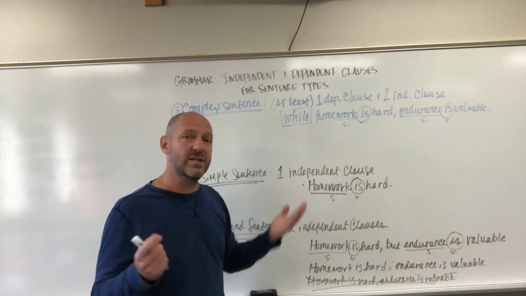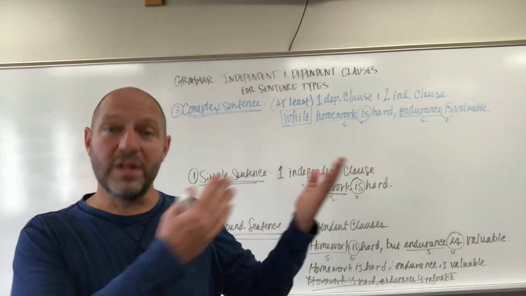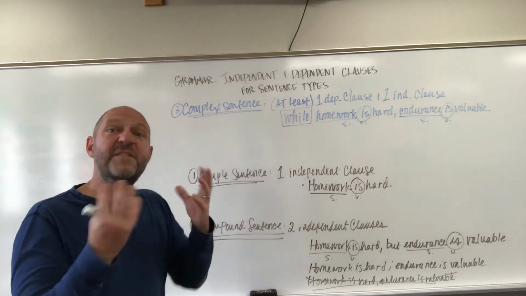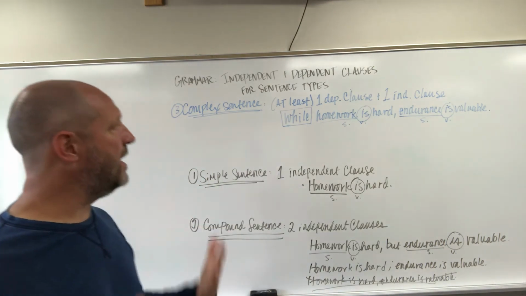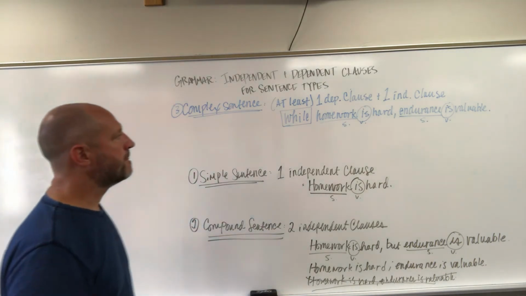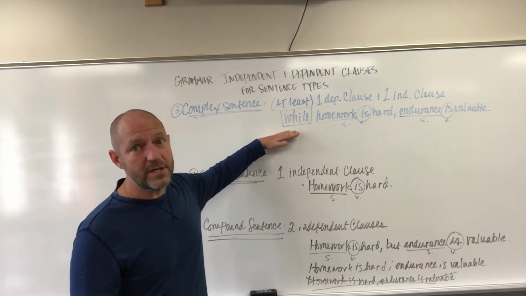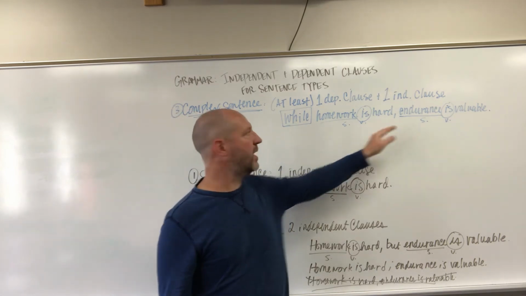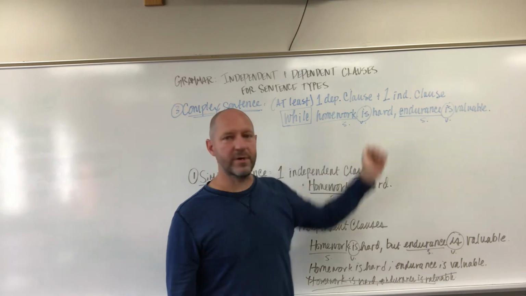This one is like considering while I understand that, I will admit the other, all right? So it does have a different feel to it, and it does convey a slightly different message than just these two together, all right? Now, I want you to notice that when this dependent clause comes first, we offset it with a comma. While homework is hard, comma, endurance is valuable.